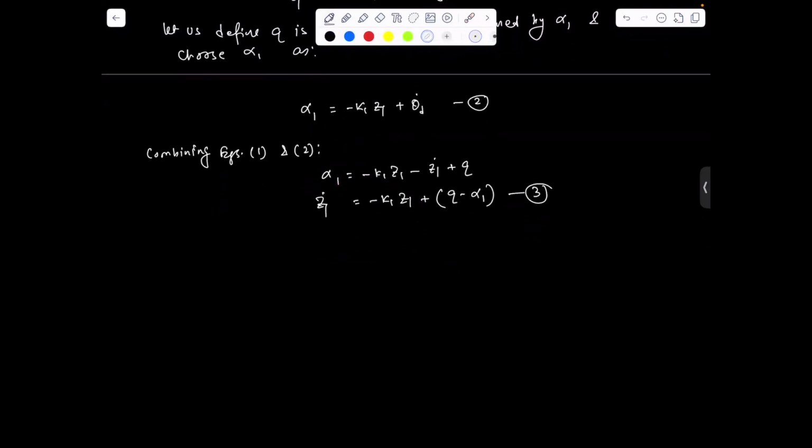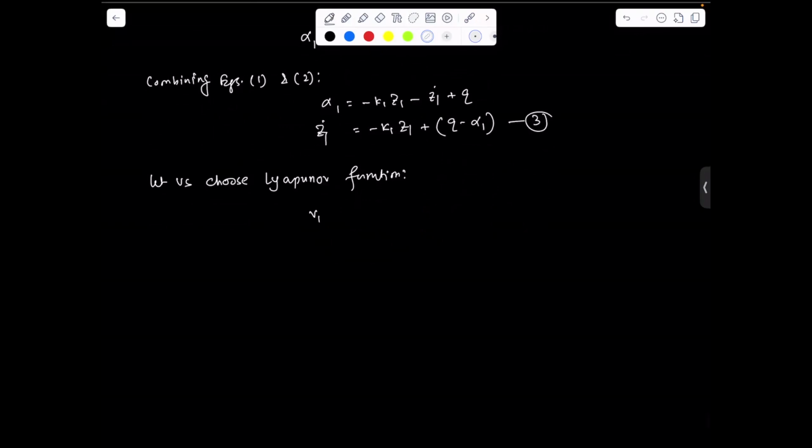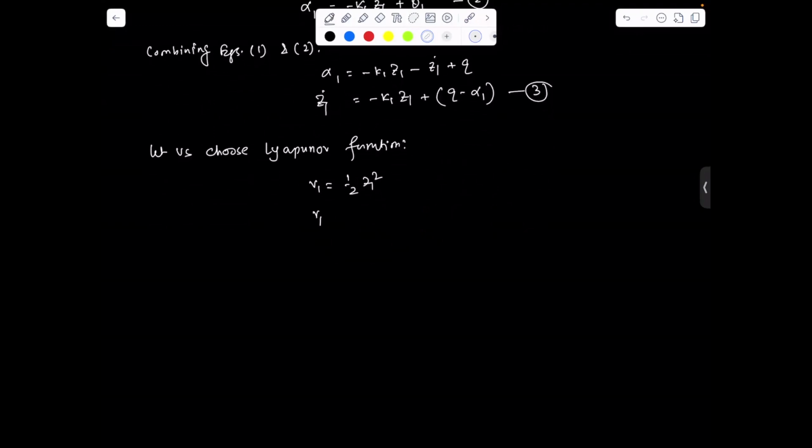Now let us choose a Lyapunov function V1 equals half z1 squared, and if we take the time derivative, V1 dot equals z1 times z1 dot, and in place of z1 dot we can use equation 3. So z1 dot equals minus k1 z1 plus q minus alpha 1, right?